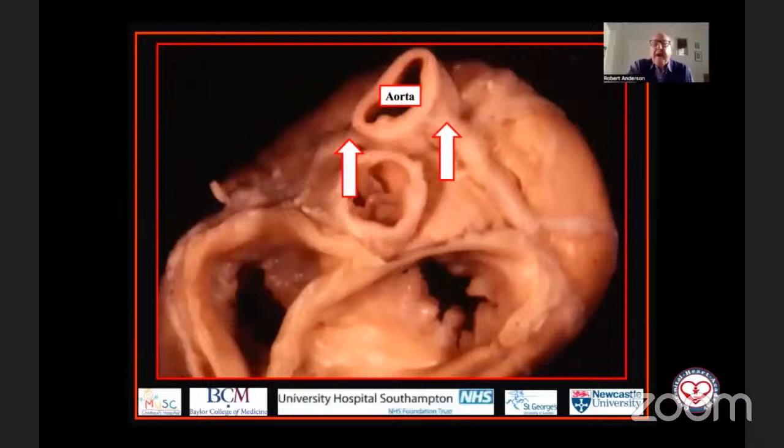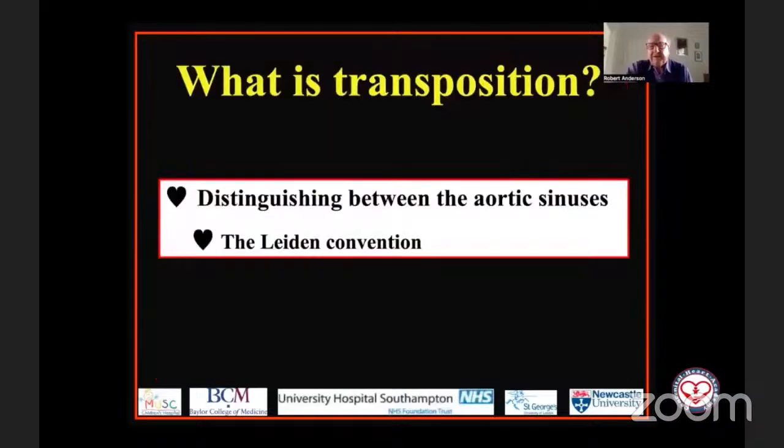So how do we distinguish between these adjacent sinuses of the aortic root? And we do so using the so-called Leiden convention.